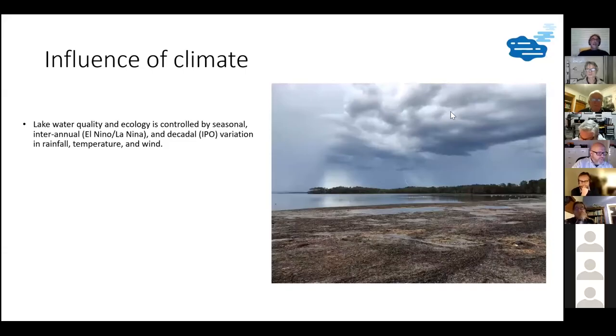But on top of that, we have what we call decadal variation in climate, and I've highlighted the influence of the Interdecadal Pacific Oscillation. It's a climatic phenomenon which interacts with El Nino and La Nina to create extended dry periods and extended periods of flood-dominated conditions. So these sorts of things really influence the way the lake system functions.